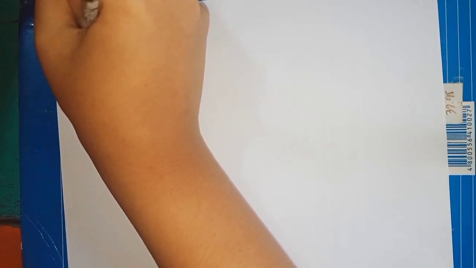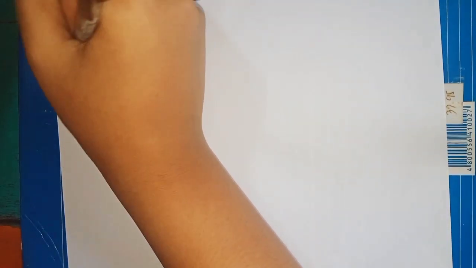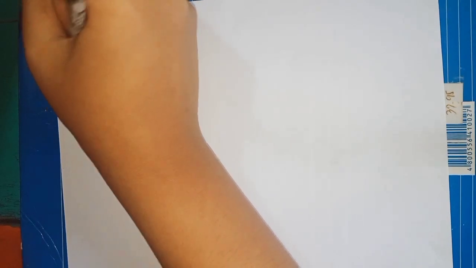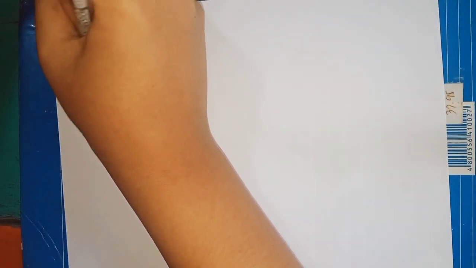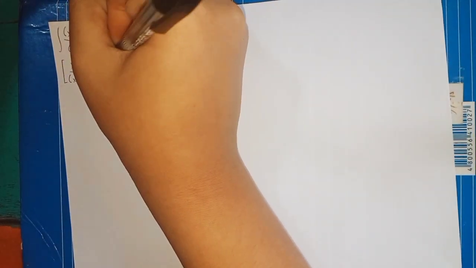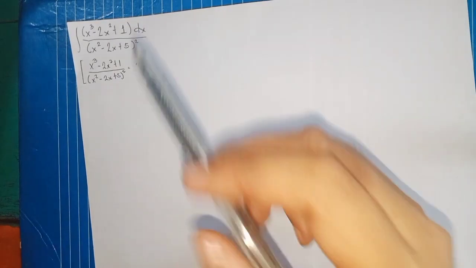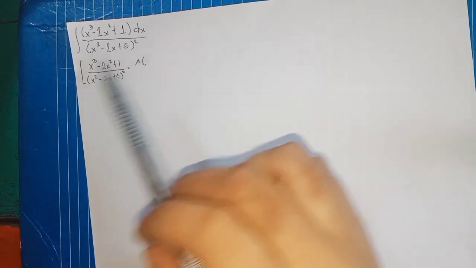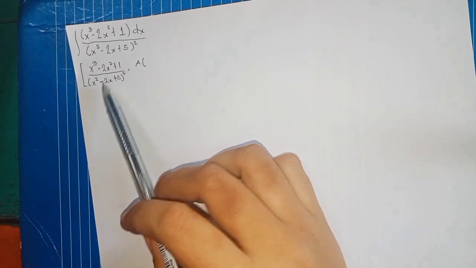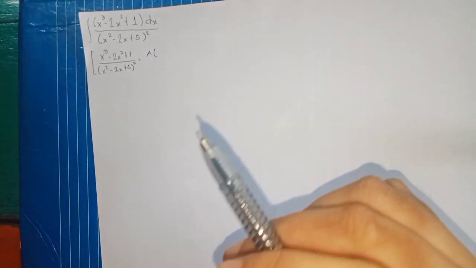So the fraction is equal to a, so we will get the derivatives of the denominator for getting the value of x squared plus bx.